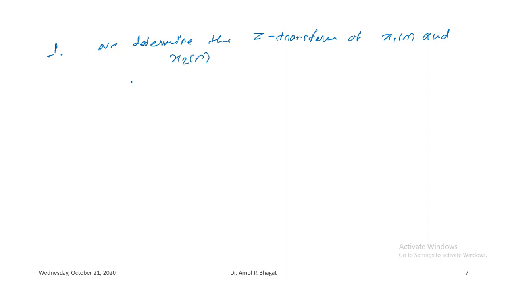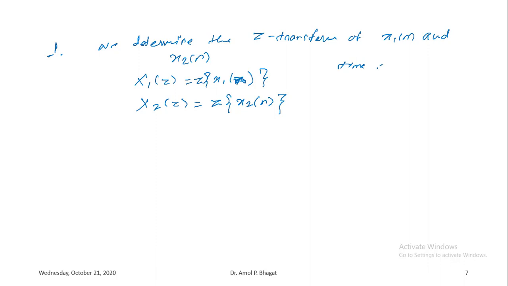Okay, so it will be simply x1 of z, which is nothing but the z transform of x1 of n, and then x2 of z as z transform of x2 of n. Okay, so here again this time domain signal is transferred to z domain.